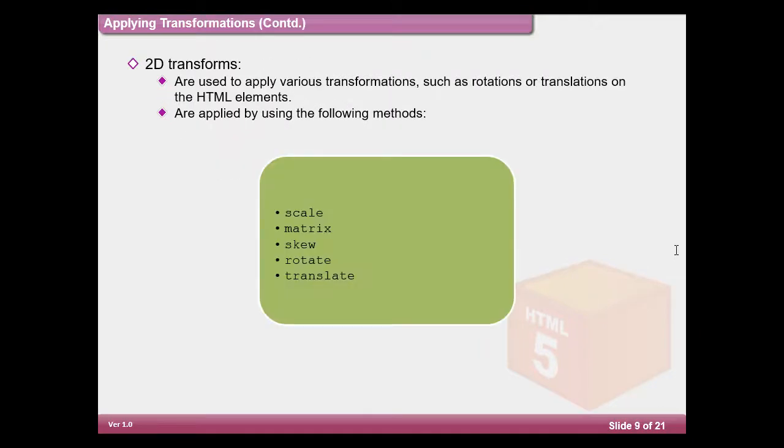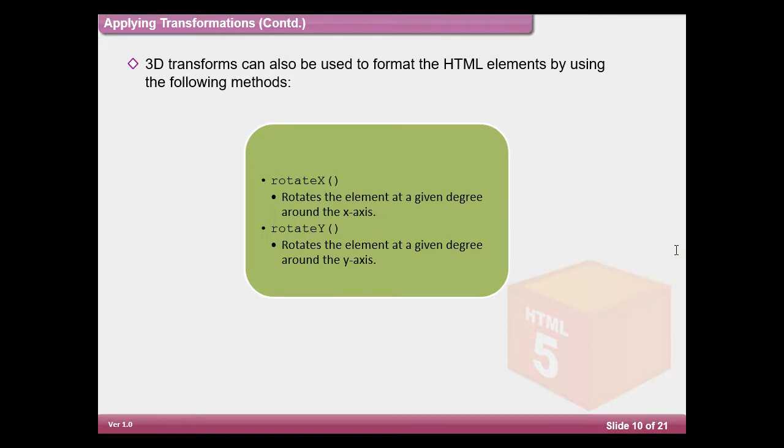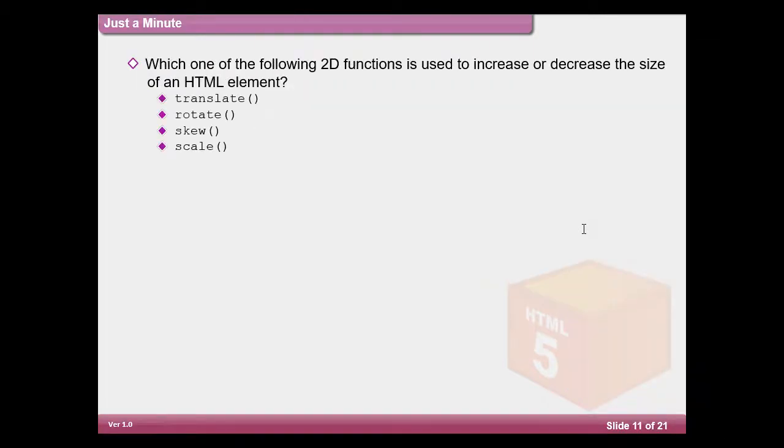Okay, so we have to use 2D transforms. So we can use 2D transform CSS. It's just all HTML. We have to use rotate X and rotate Y. It's one and the same topic: 2D transformations and 3D transformations.